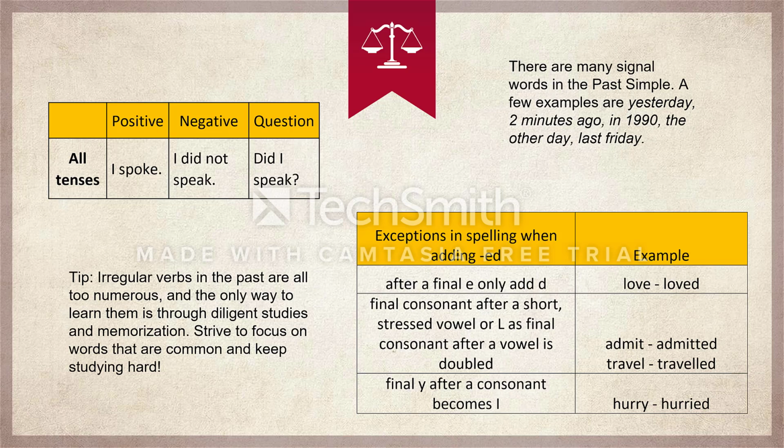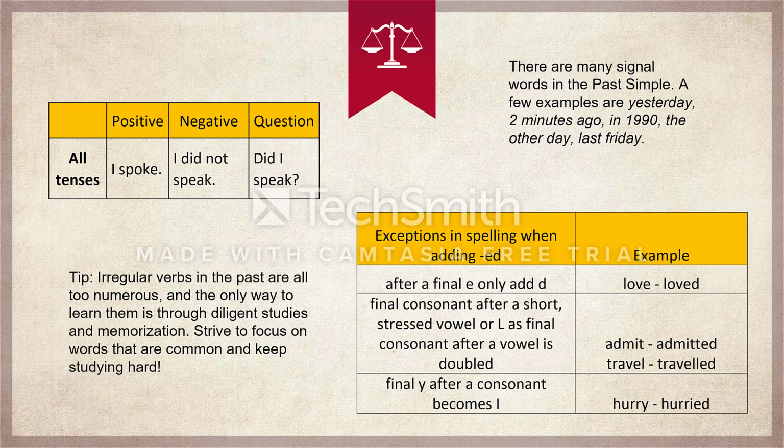Let's look at our first example. We have the word admit. Admit ends with a short stressed vowel, the I, so the final consonant, which is a T, needs to be doubled. So we double the T and then add on ED. So we get admitted with double T, or two T's.